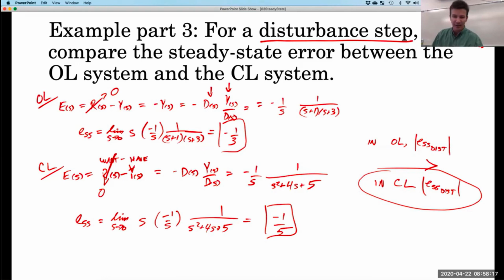So yeah, I think that was what you're asking. If the step disturbance is scaled by the same value on both systems, then that scaling factor will scale these two scalars, and that preserves this ordering, that the error in steady state in open loop is bigger than the error in steady state due to the closed loop.